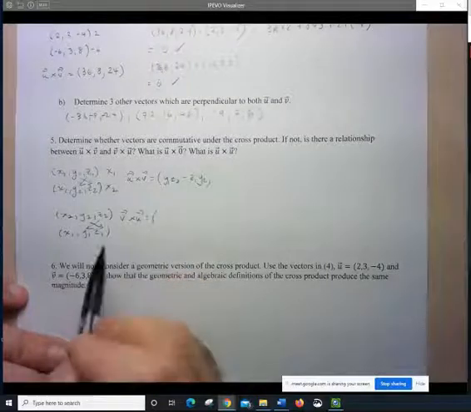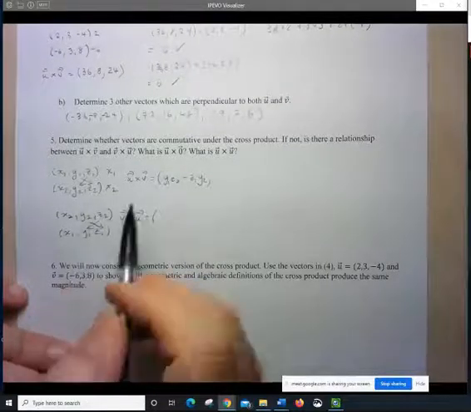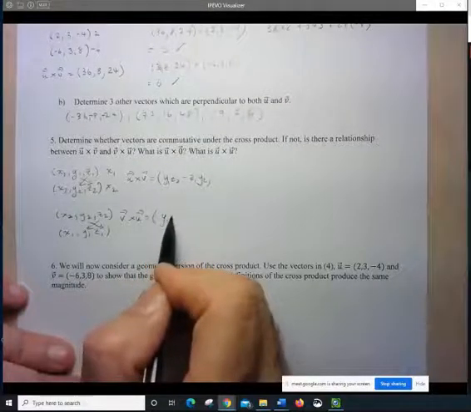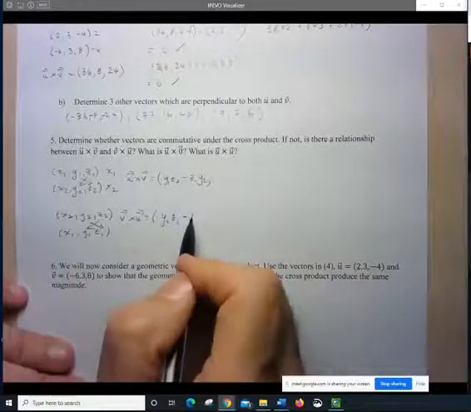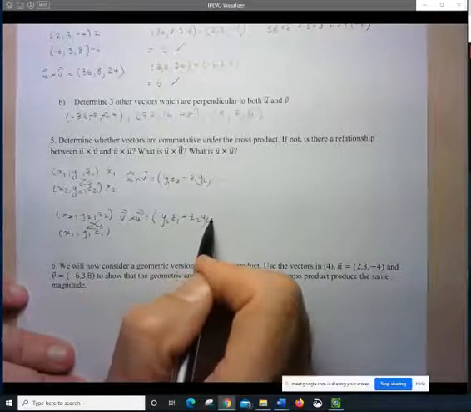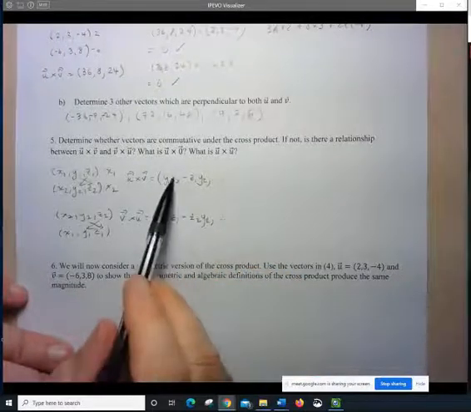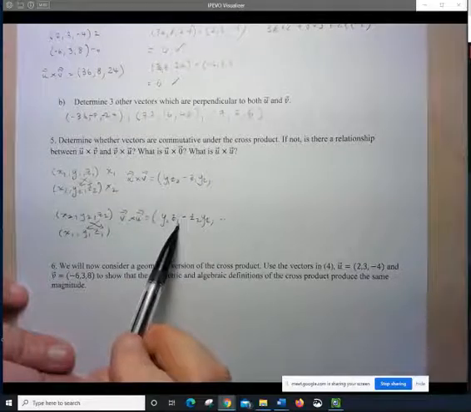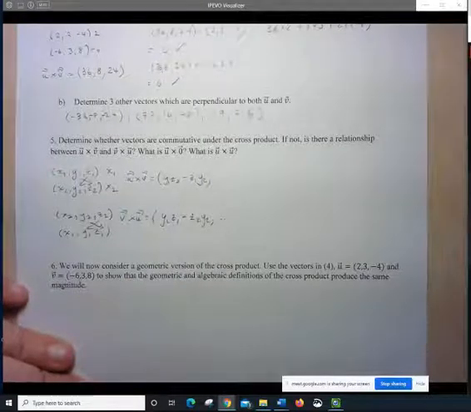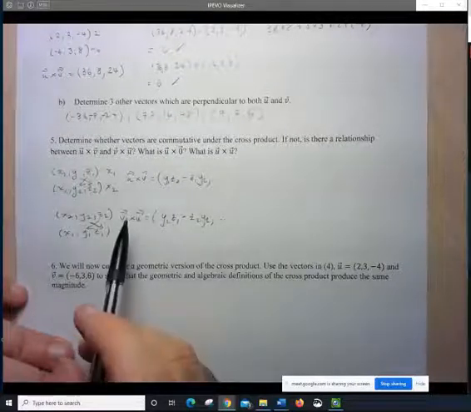I realize that I end up with Y2 Z1 minus Z2 Y1. What's the relationship between that X component and this X component? They're just negatives of each other, okay?